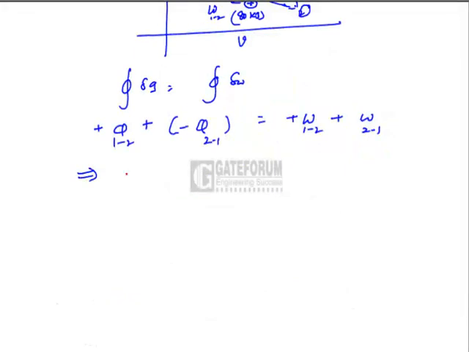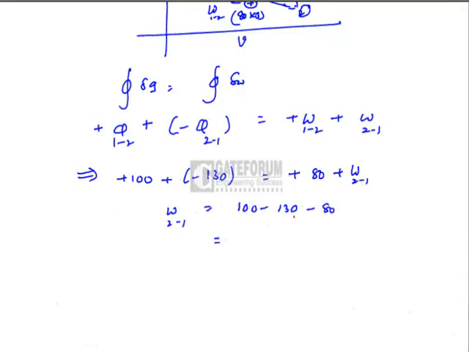Putting the values, plus 100 plus of minus 130 should be equal to plus 80 plus W2 to 1. It results in W2 to 1 is equal to 100 minus 130 minus 80.